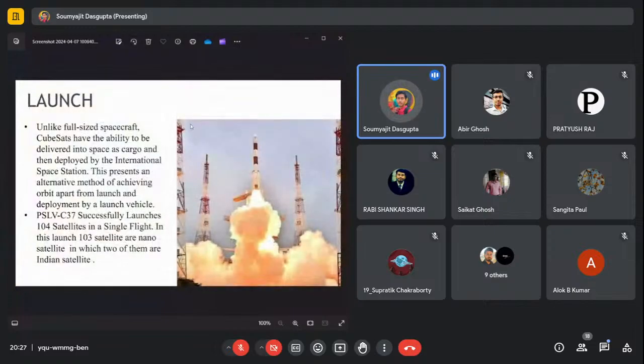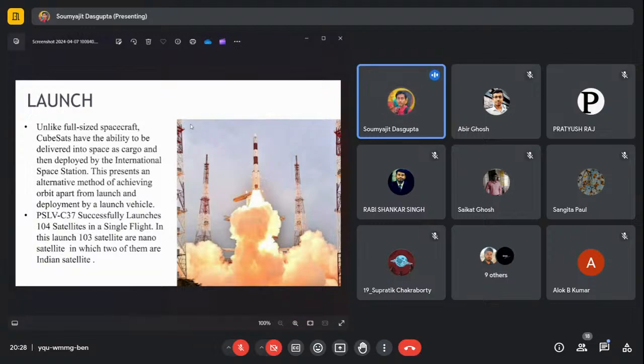Now comes the most important thing, that is launch, because launching a CubeSat is not easy, particularly in India, a developing nation. If you want to build a CubeSat, it will cost around 50 to 60,000.